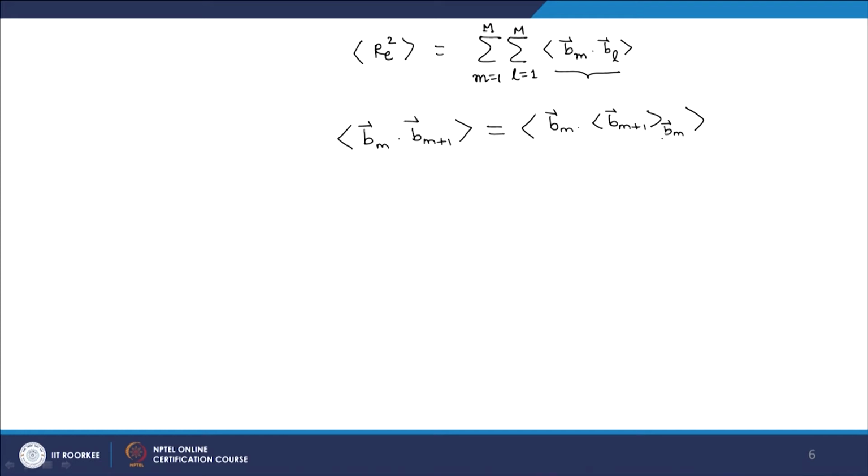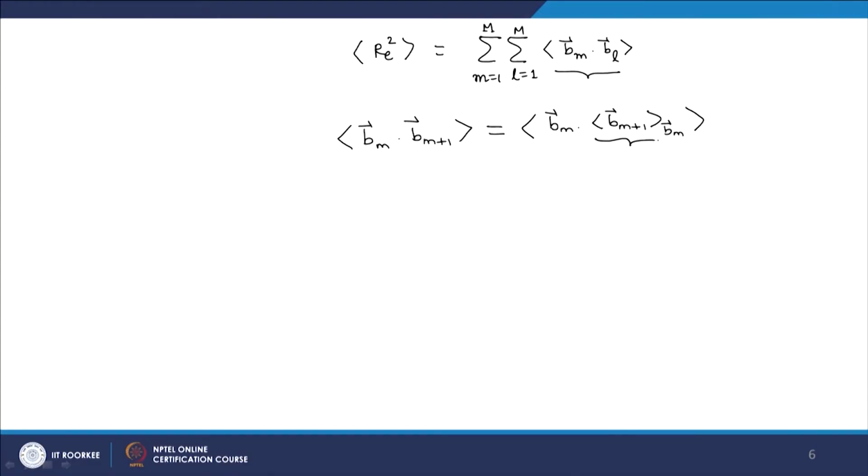So, ultimately this is the average of the product. So, I can move one of the averages inside, and that is what we have done here. Okay. So, now from the formula we have derived, this is Bm dot Bm by Z minus 1, which gives rise to B square by Z minus 1. Okay. So, now it is no longer 0.